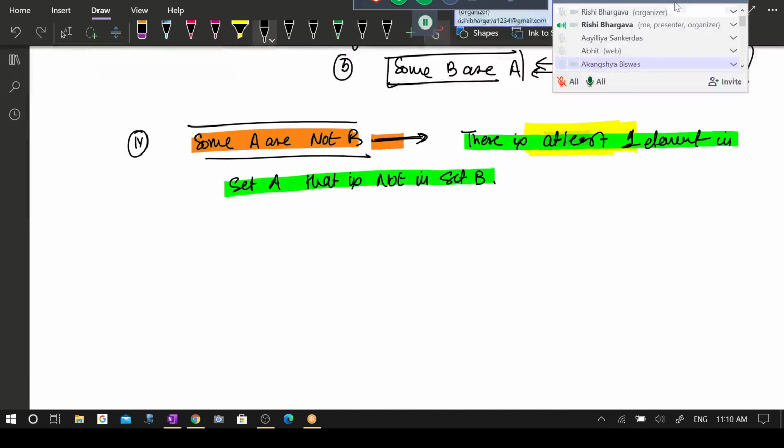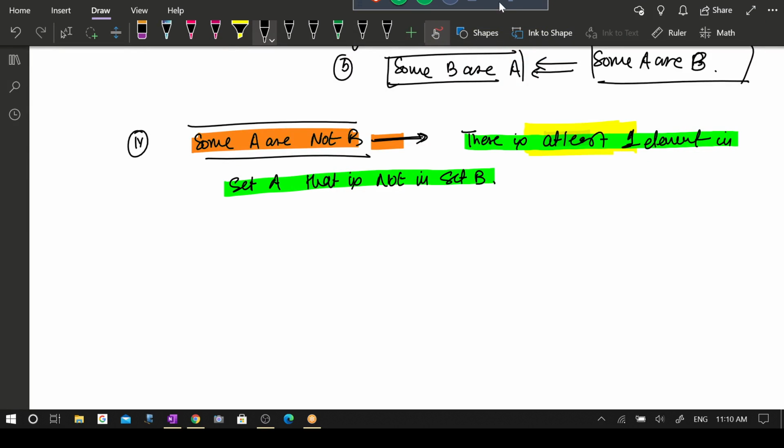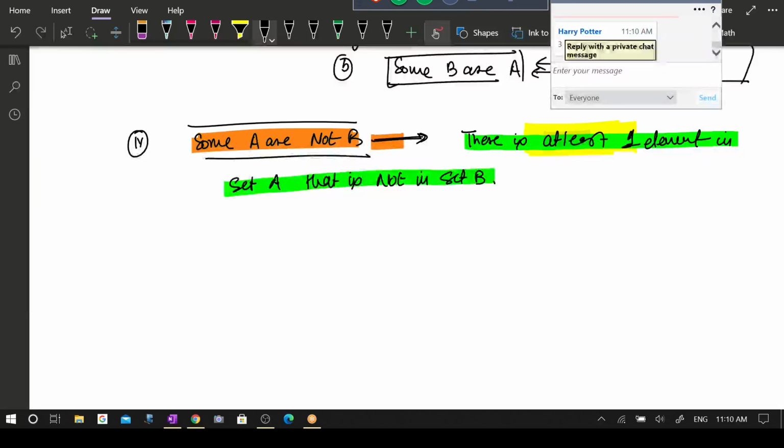Miss Vishwa says two. Harry Potter says three. Meha says two, and Rani says two.